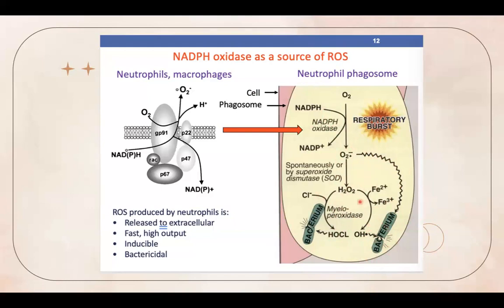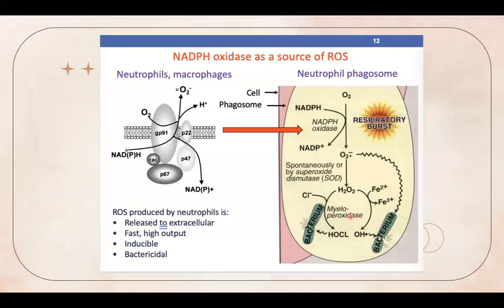So the H2O2 is then converted by a very important enzyme called myeloperoxidase to HOCl. HOCl is a powerful oxidant, and it has bactericidal properties, and it's present in bleach.